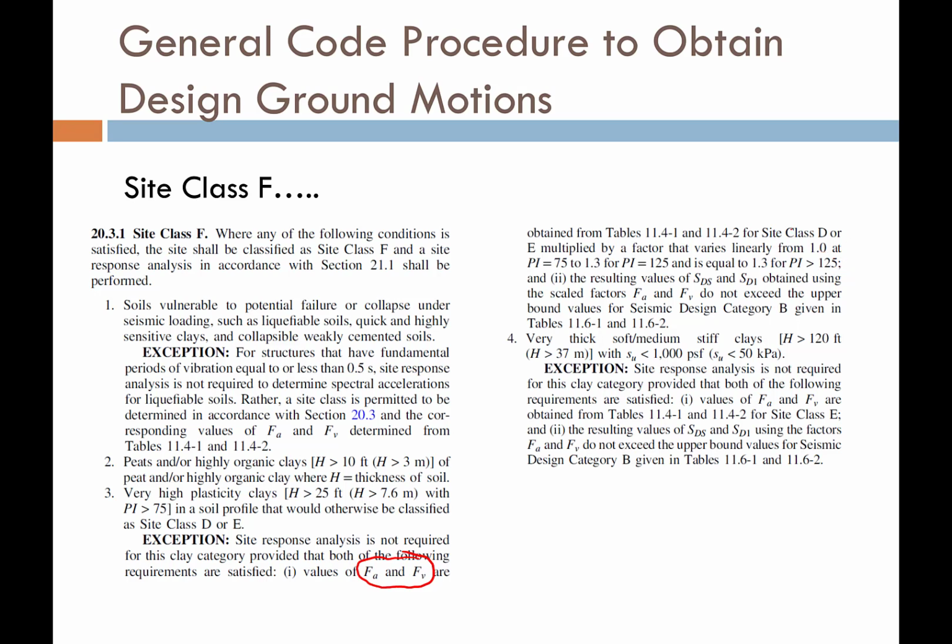And the resulting values of your design short period response spectrum acceleration and your long period design spectral acceleration, obtained using those scaled factors, do not exceed the upper bound values for seismic design category B. So these are very technical and very specific.